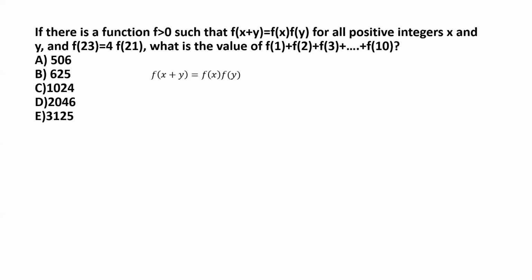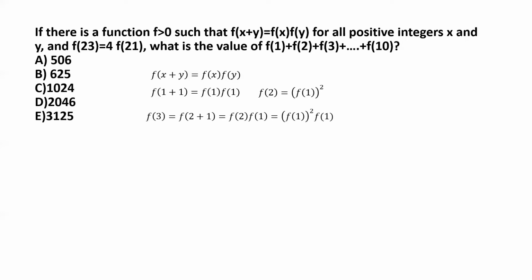So what will be f(2)? We can break down 2 as 1 plus 1, and going by this rule, f(1 plus 1) is equal to f(1) multiplied by f(1). So we have f(2) is equal to f(1) whole square. What about f(3)?